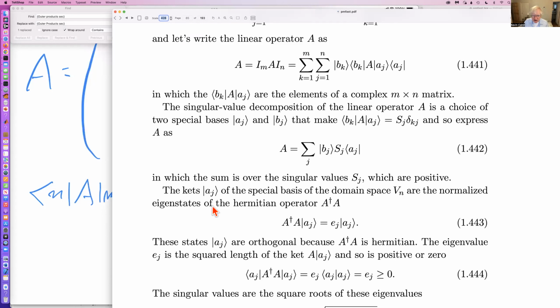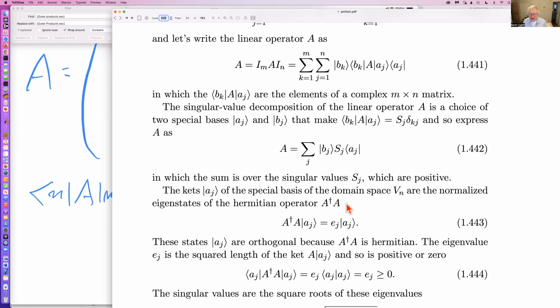They're the normalized eigenstates of the Hermitian operator A dagger A. So we multiply this equation by A dagger. Well, actually, we don't multiply that.